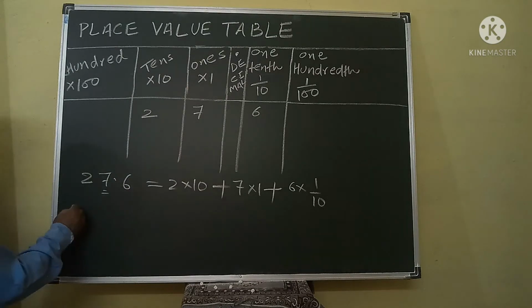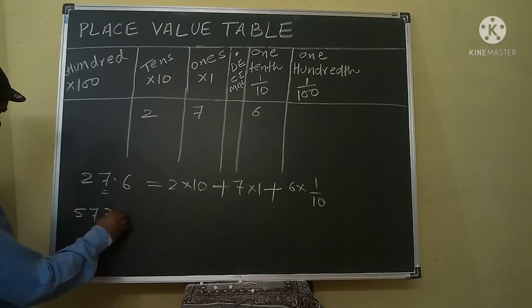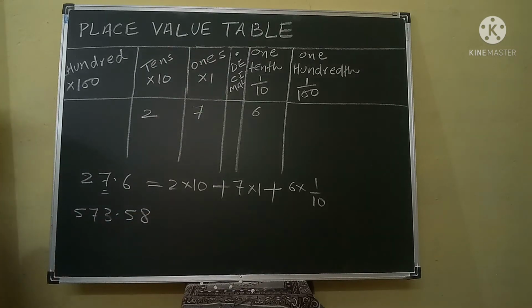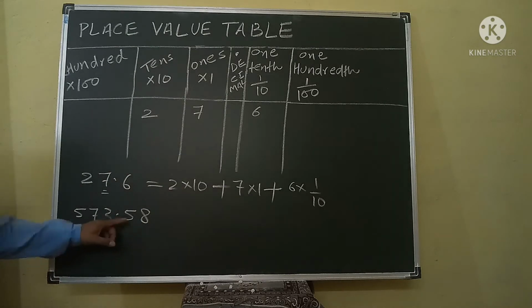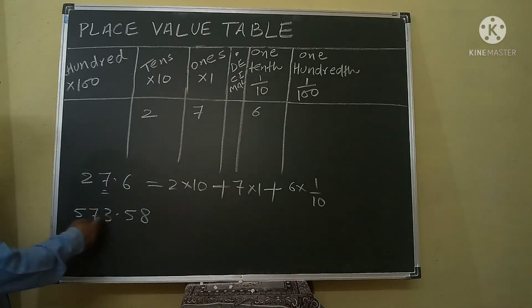Suppose you have one more number, 573.58. How can you write this number in place value table? As you know very well, before the decimal point and after the decimal point.